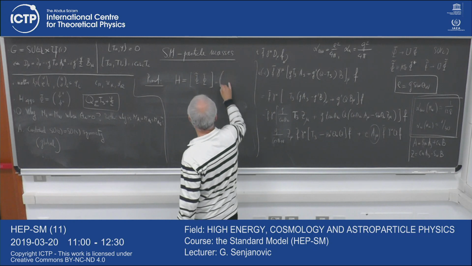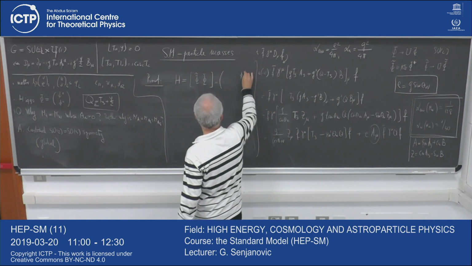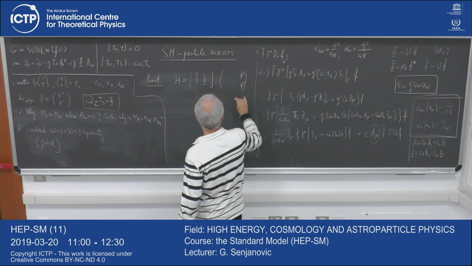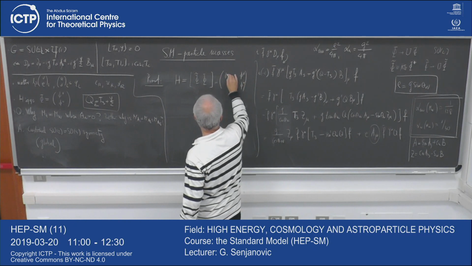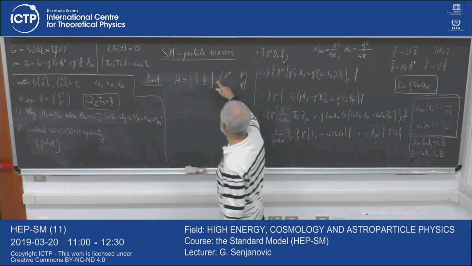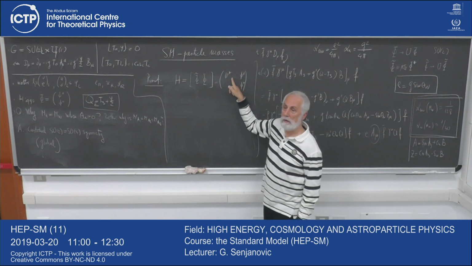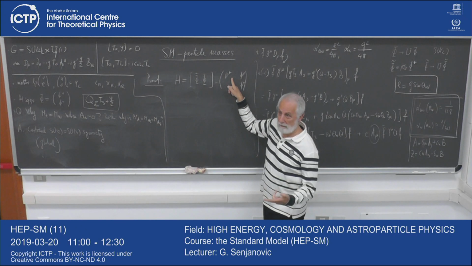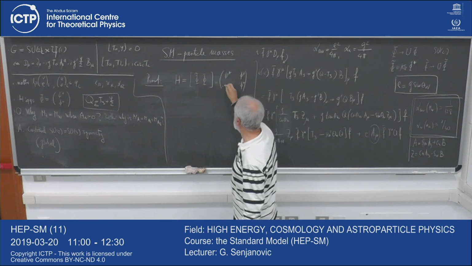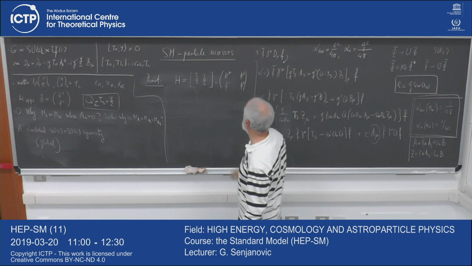Let me just remind you. Phi is phi plus, phi 0. And this will be phi 0 star. There is i sigma 2, so it reverses them. So this guy goes up, anti-field, and then there is a minus sign because i sigma 2 has a minus sign.